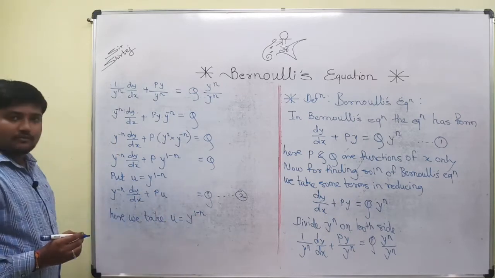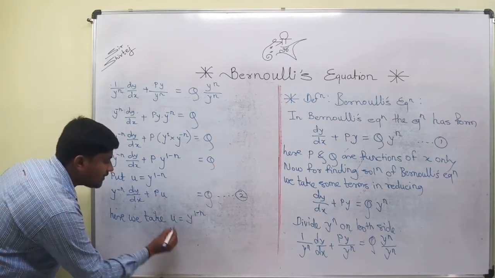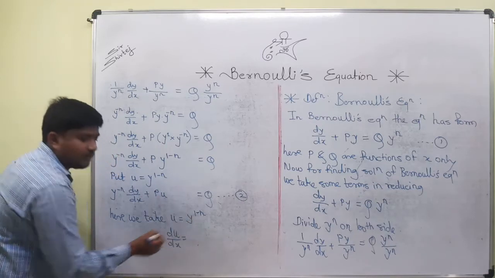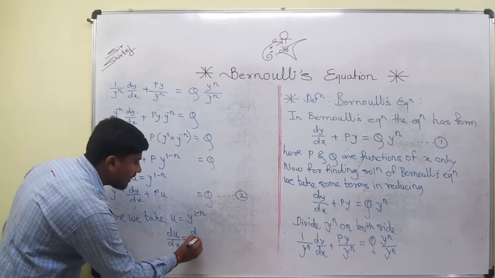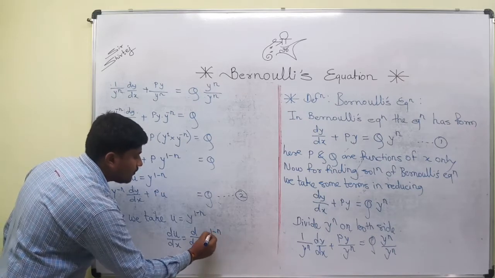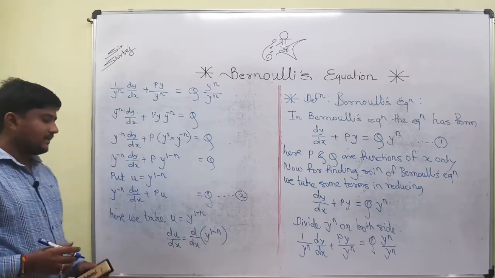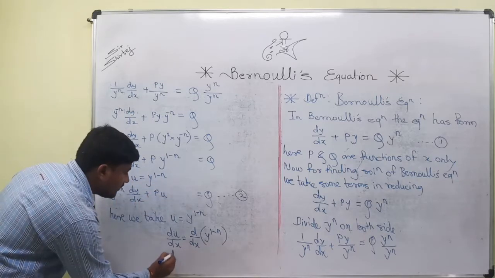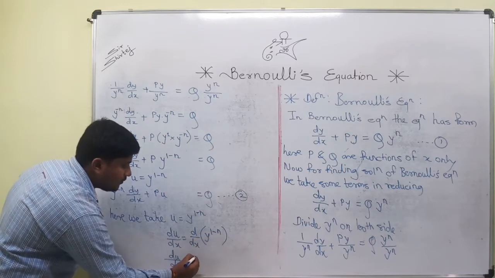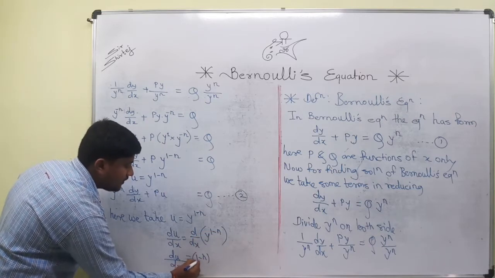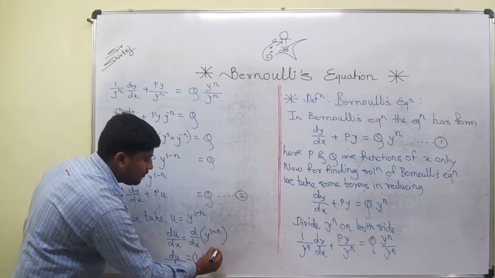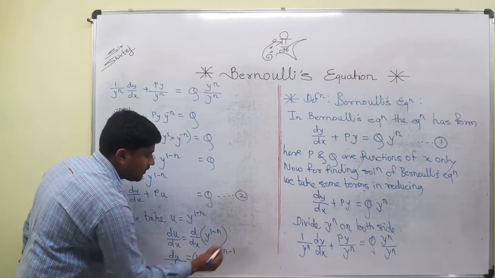Now we take the derivative with respect to x, du by dx is equal to d by dx of y raised to 1 minus n, then du by dx is equal to 1 minus n power into y raised to 1 minus n minus 1, okay.